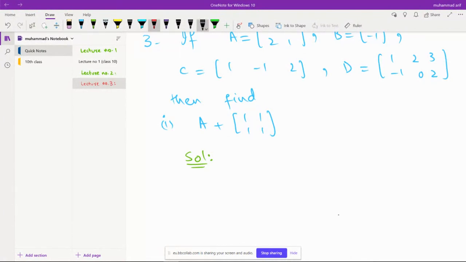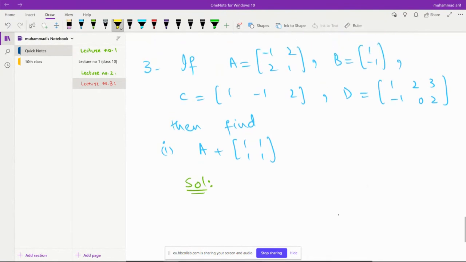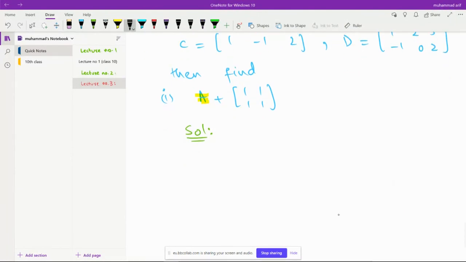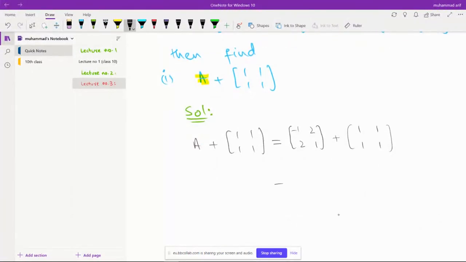Instead of A, we write matrix A. That is, A plus [1 1; 1 1] is equal to, instead of A, we write the matrix A, which is [-1 2; 2 1] added with [1 1; 1 1]. Now we add these two matrices.